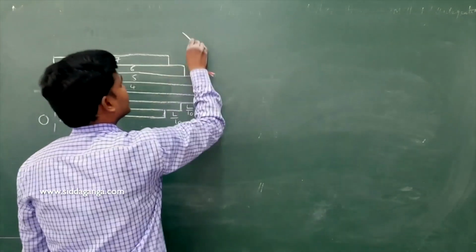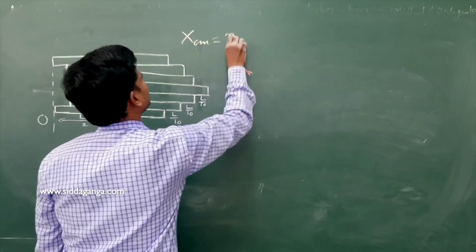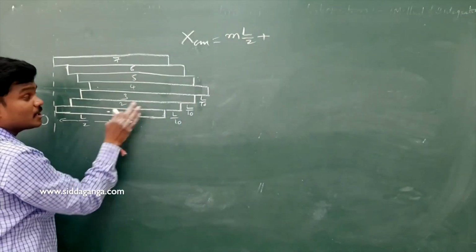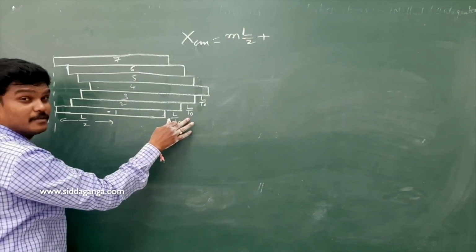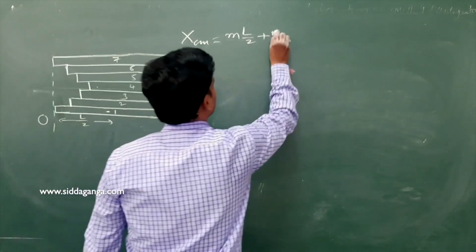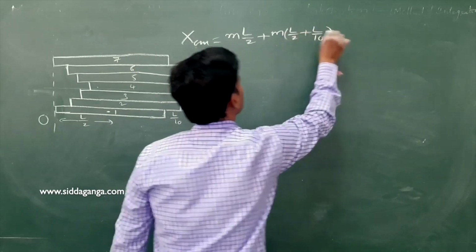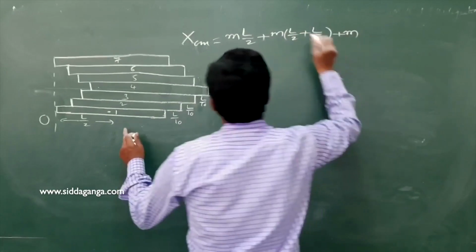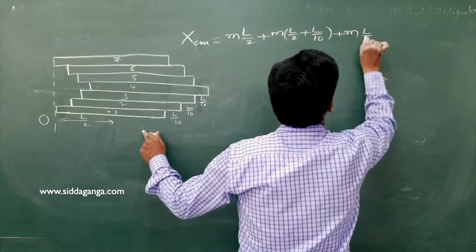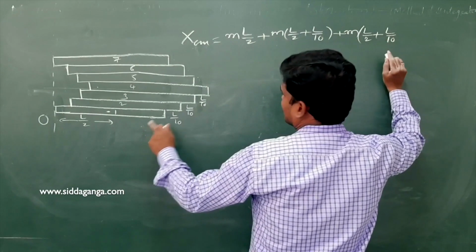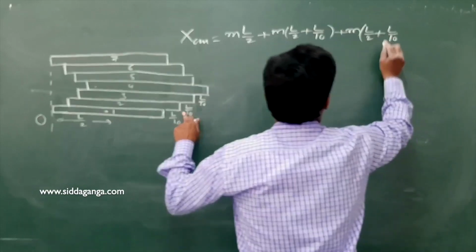Now let me write the x coordinate of the center of mass: m into first one L by 2, second one L by 2 extended by L by 10 part. So m into L by 2 plus L by 10. Third one, m into L by 2 plus L by 10, L by 10.